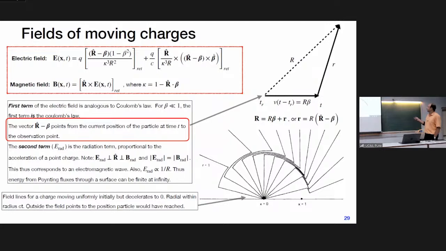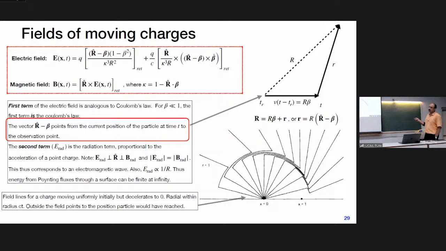Now what is R? R is nothing but the time taken by the radiation from here to here. But within that time, the charge has moved this distance. So v(t minus t_R) is nothing but R times v by c, which is R beta. Now if you just look at the vector notation, this is R beta plus the small r. Small r is from the current location of the charge towards the observing point.